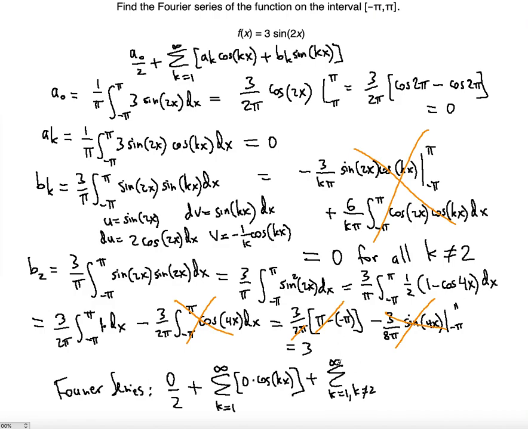To infinity, b subscript k sine kx, and then finally the case where b subscript k was equal to 3, right? So starting from k is equal to 2 and also finishing at 2, right? We're only counting the case when k was equal to 2 for the b subscript k.